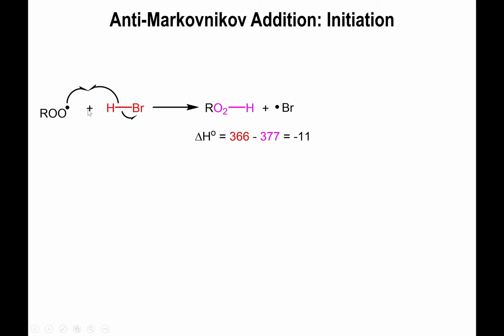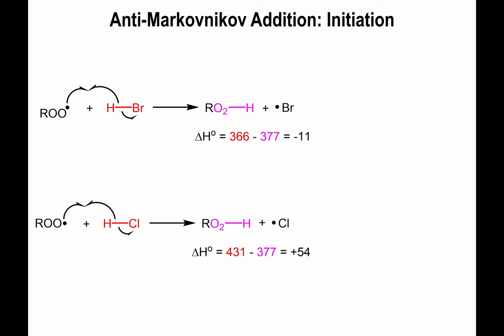But if you look at the energy of creating that peroxide OH bond and breaking the HBr bond, this is slightly exothermic. So this is actually a favorable reaction. Compare that to HCl, which is a reagent for which this anti-Markovnikov reaction was never really observed.